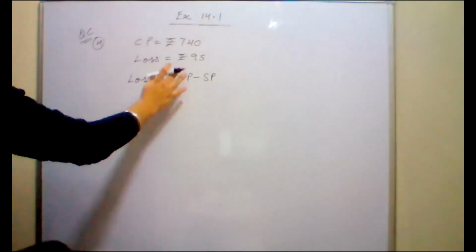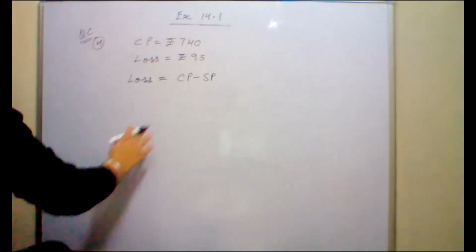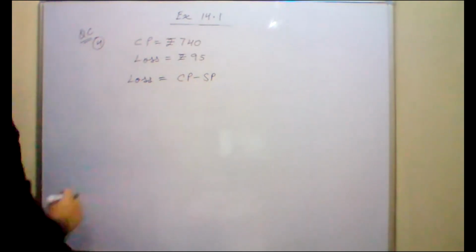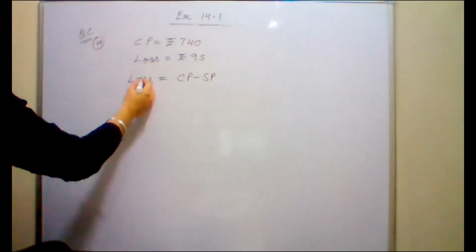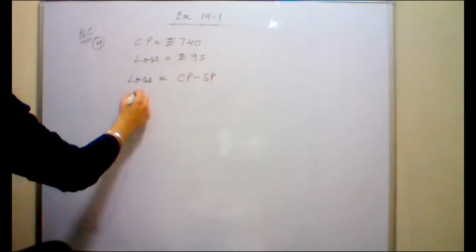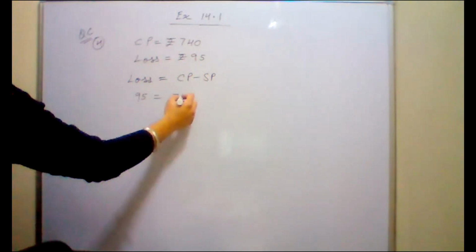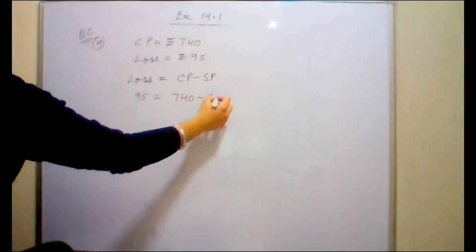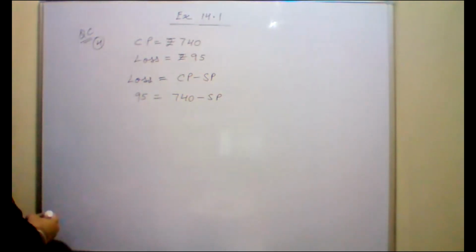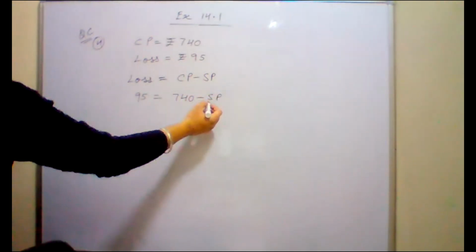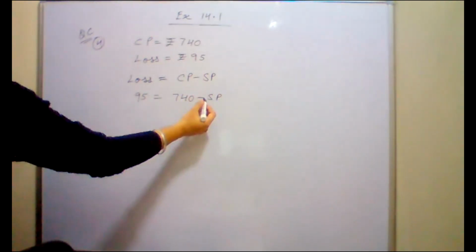Now with this equation, I can find the value of selling price. Put the value of loss: 95 rupees. Cost price 740, minus SP. SP is not given, so you find SP from this. Selling price is negative in this case.